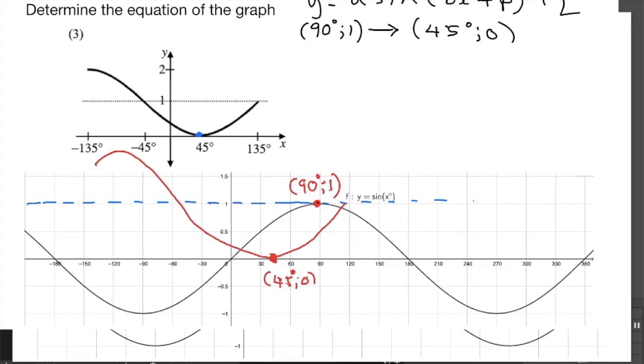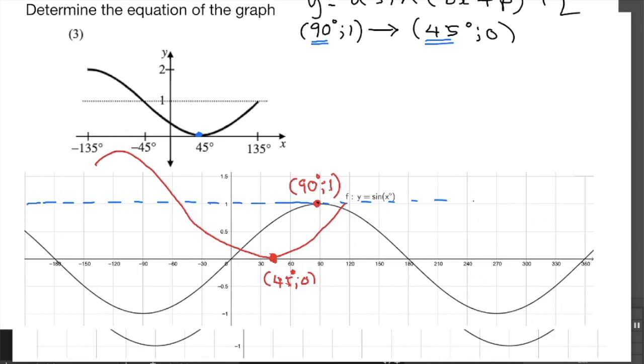So these are the turning points. Now, if you compare the angles, the graph of sine has x equal to 90, but the required graph has x equal to 45. So what happened there? It would look like from 90 degrees up to 45 degrees, there should be a horizontal shift to the left.